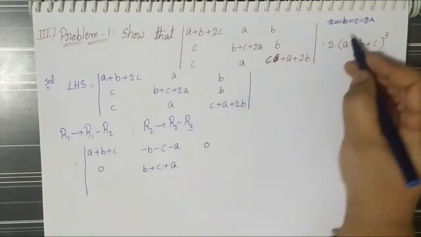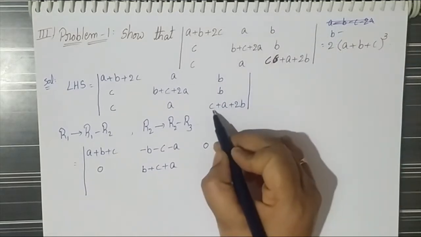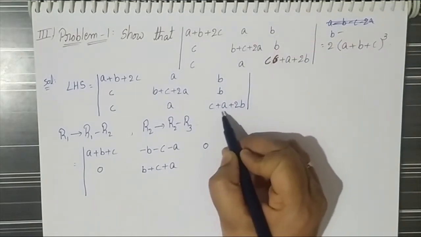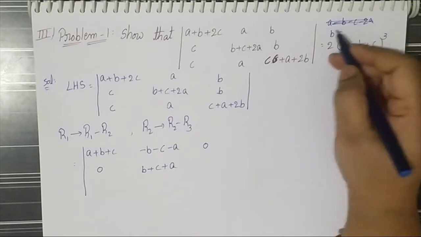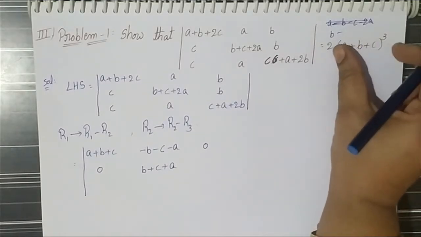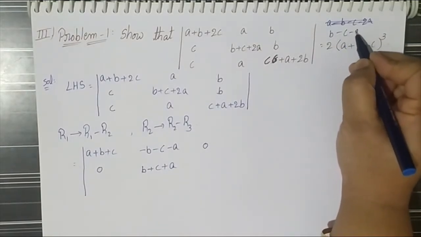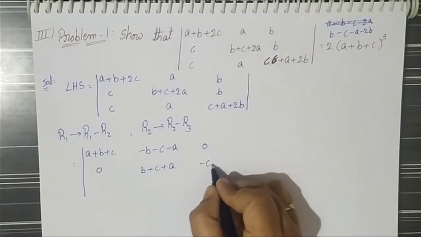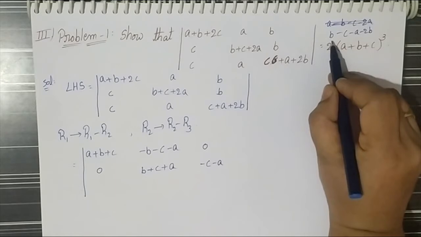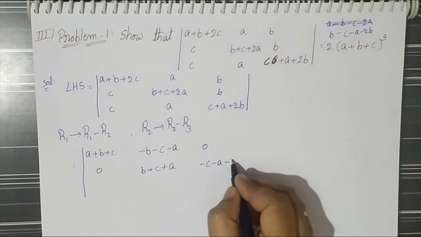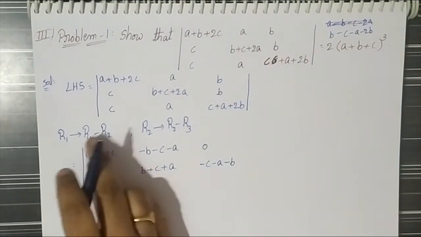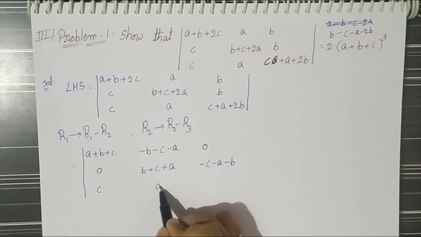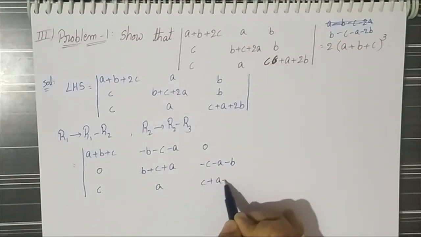Then b minus (c+2c+a+2b) gives minus b minus c minus a minus 2b, and here minus c minus a minus 2b plus b, the value is minus b. The third row is the same, c+a+2b.